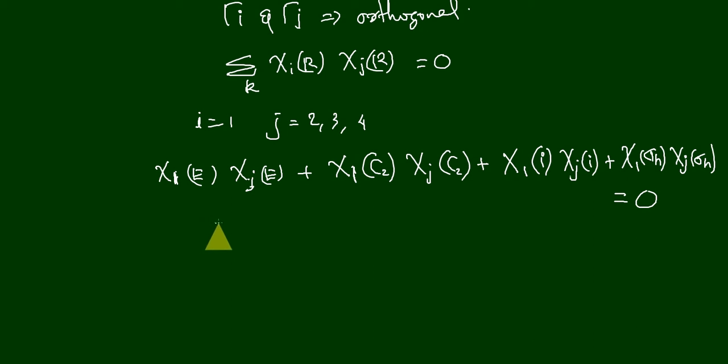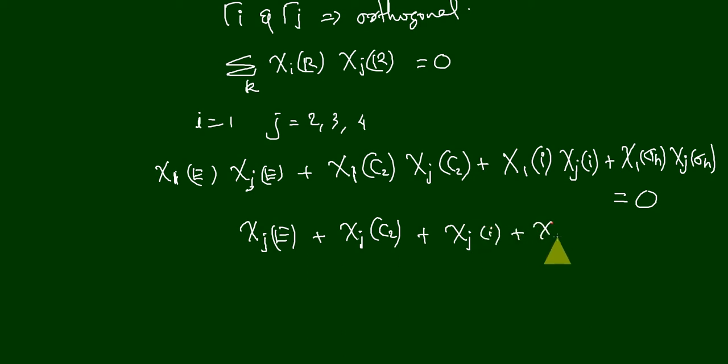Everything is 1. So we do not need to write chi 1 e, chi 1 C2, chi 1 i separately, because they are multiplied by 1. So we can write chi j e plus chi j C2 plus chi j i plus chi j sigma h is equal to 0.